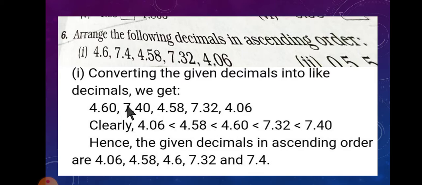Now only two numbers are left, 7.40 and 7.32. There also we first compare the whole number part, which is the same in both. So we see the tens place digit: there is 4 and there is 3. 3 is less than 4, so in fourth place we will write 7.32 and in fifth place we will write 7.40.